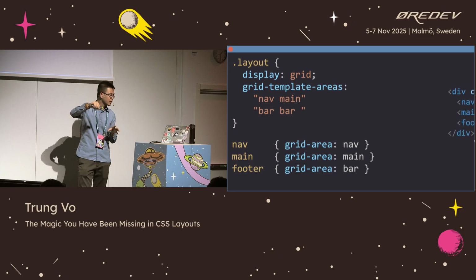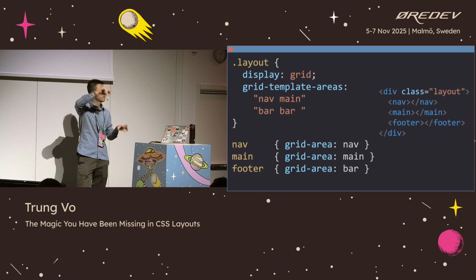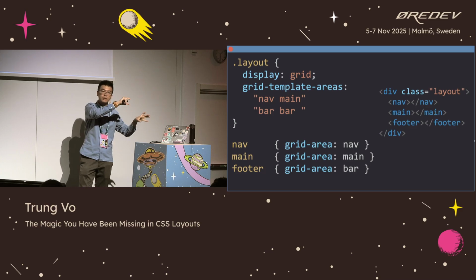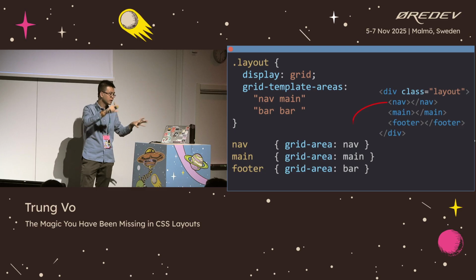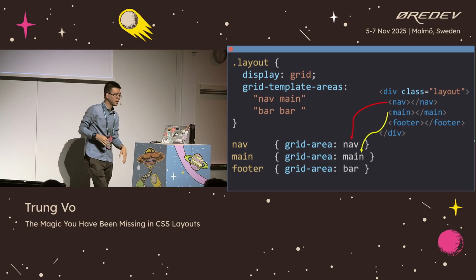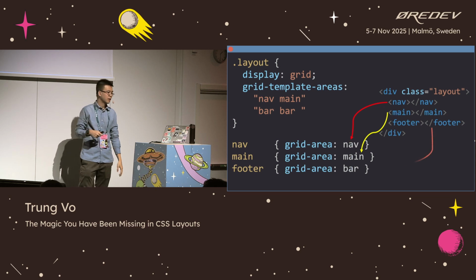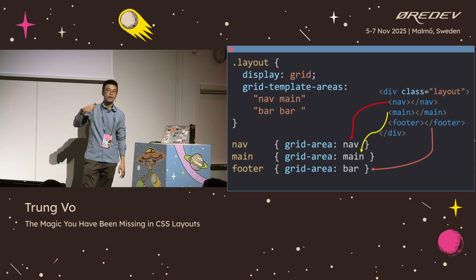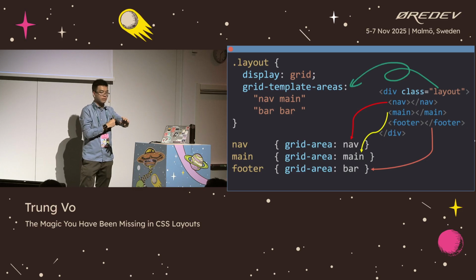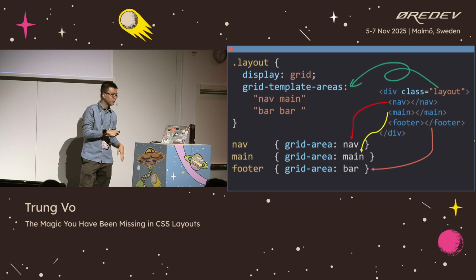So essentially, in this case, it maps from the HTML element into this grid layout that we've seen previously. So okay, nav is nav, main is main, and footer is bar. And then everything is controlled by the boss, the parent. That's my drawing using PowerPoint, by the way.